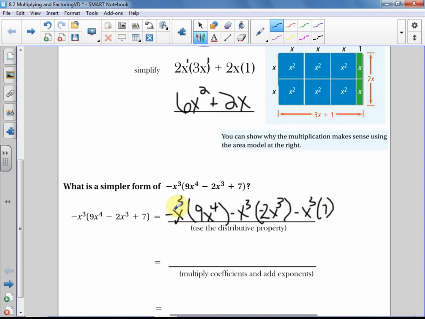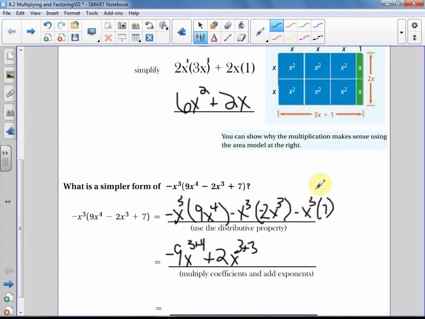So again, we're going to use the product rule. So I have 9 times negative 1, I have negative 9, and I have x cubed times x to the 4th. I'm going to keep my base and add the powers. So negative 1 times negative 2 is a positive 2. X cubed times x cubed, x to the 3 plus 3 power.